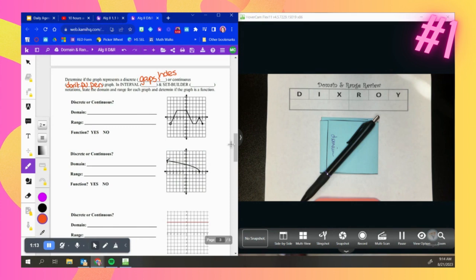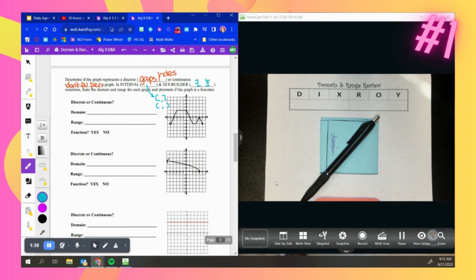All right, we're going to write the domain and range in interval and set builder notation. Remember, interval notation was using, I did not give myself enough space here. Interval notation was using our brackets or parentheses with a little comma in between the two numbers, so your start and your stop. Set builder notation, remember set or set builder is the one with the squiggly brackets.